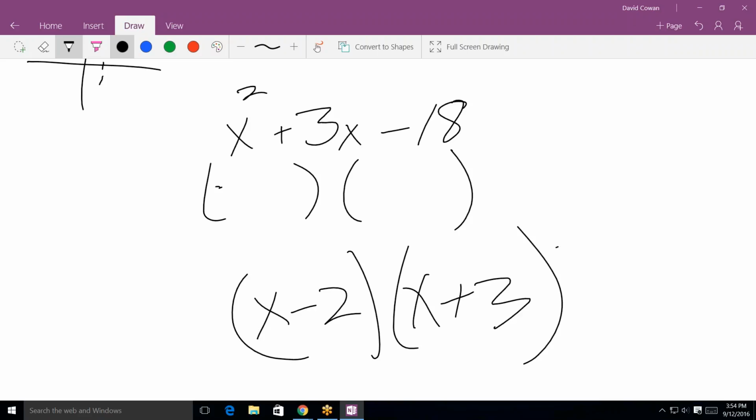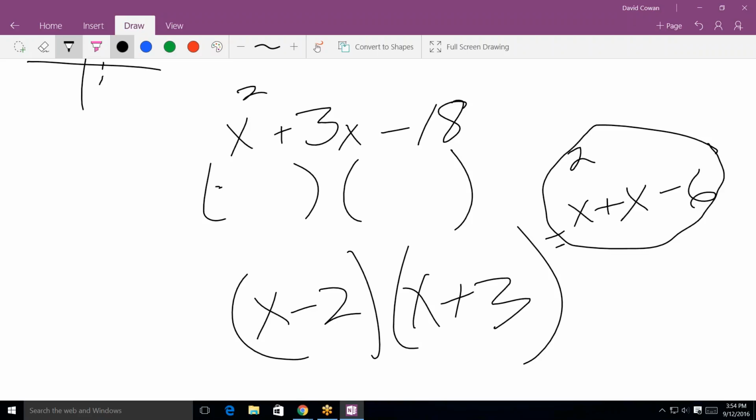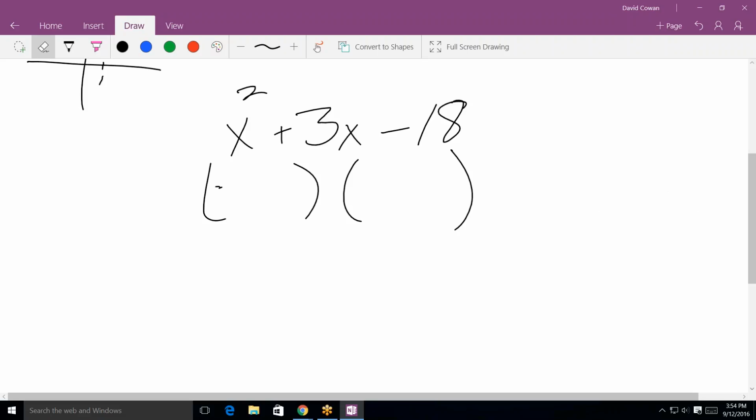And you would end up with x squared plus x minus 6. So factoring takes the result and unmultiplies it, tries to figure out what you started with. Nothing mysterious. It's just the reverse of FOILing.